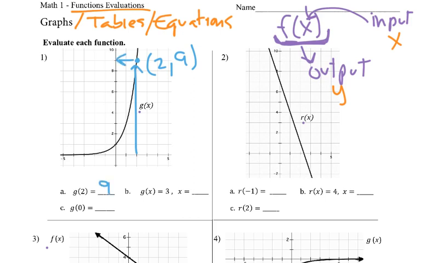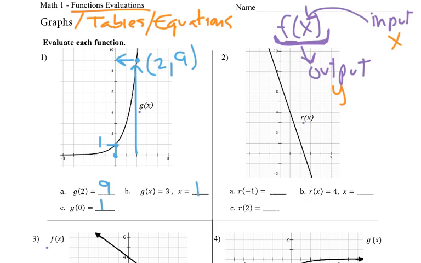So that would be equal to 9. For C, g of 0: x value of 0, go up, hit my point, y value of 1, so g of 0 equals 1. And then B, g of x equals 3, so on the y now I go up to 3, jump over, find my point, go down, x equals 1. And that's all there is to it on these.